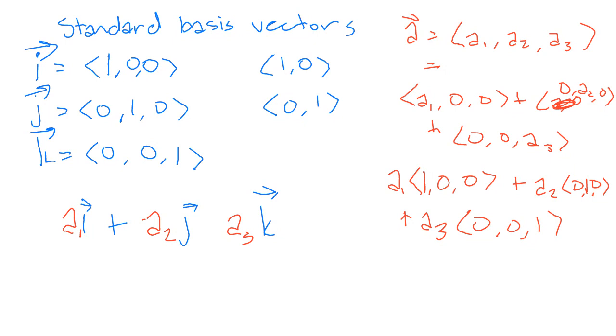Essentially we can write any vector in the form of ijk. Your A1 goes in front of an i, your A2 goes in front of a j, and your A3 goes in front of a k.